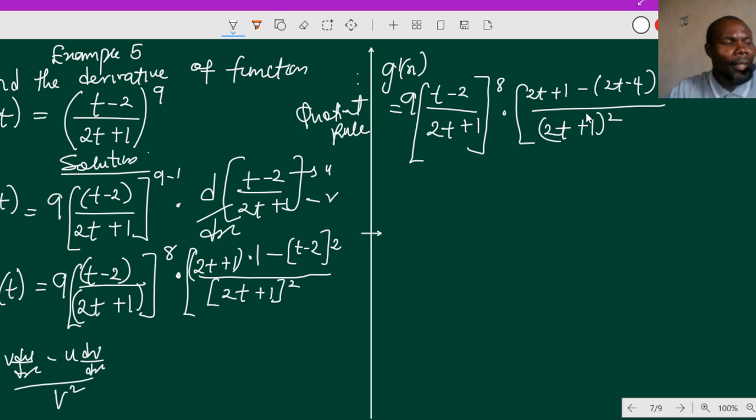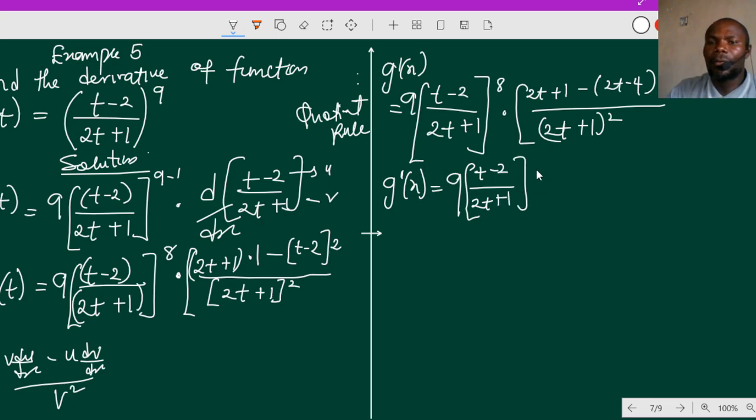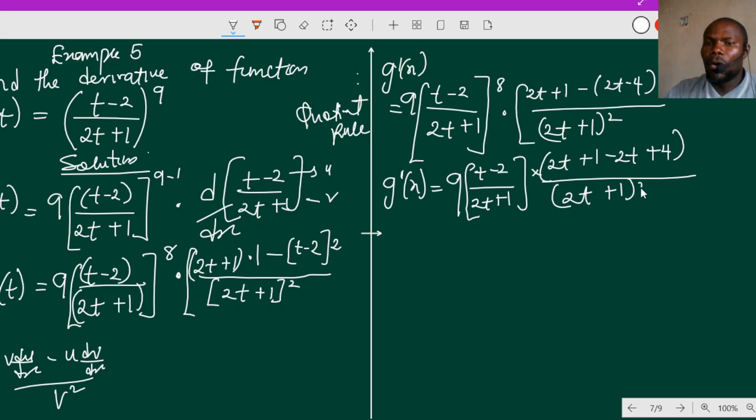In solving this, we now try to expand it better to have g of x give us 9 onto t minus 2 over 2t plus 1 multiplied by 2t plus 1 minus 2t plus 4 over 2t plus 1 all squared.